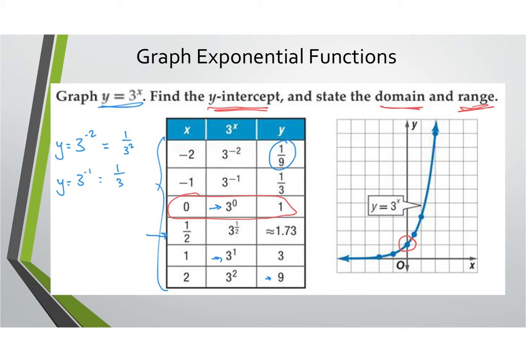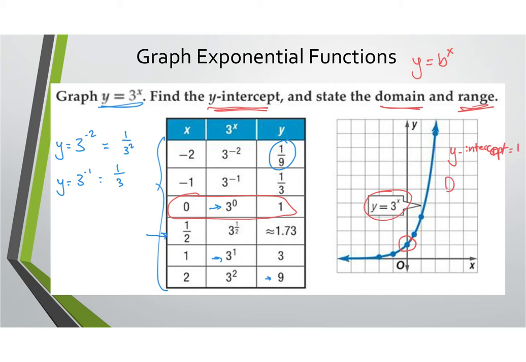Well, if the graph gets moved or transformed, that'll change where it crosses. But if you just have y is equal to the number to the power of x, so technically y is equal to b to the x, you don't have a or anything else happening, then you're going to have a y-intercept of 1. So y-intercept is 1.